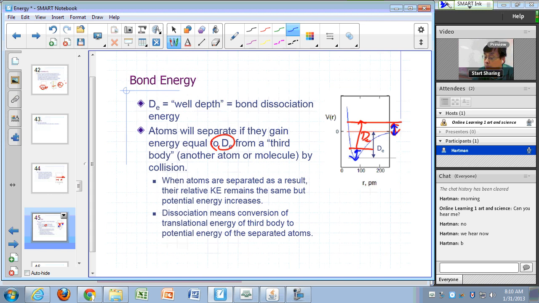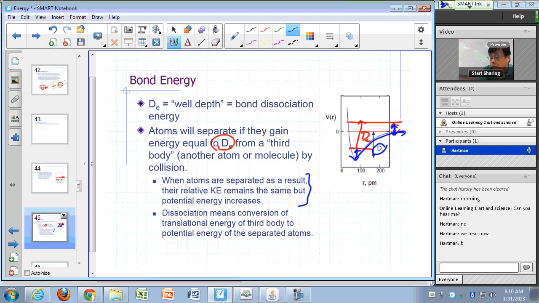The kinetic energy, this much kinetic energy, is the same as this much kinetic energy to begin with. So what happens essentially is when two atoms in a bond dissociate, by absorbing an amount of energy equal to D sub E, their kinetic energy remains the same, but their potential energy has increased. So bond dissociation leads to an increase in potential energy.